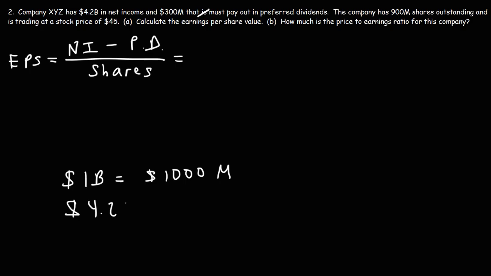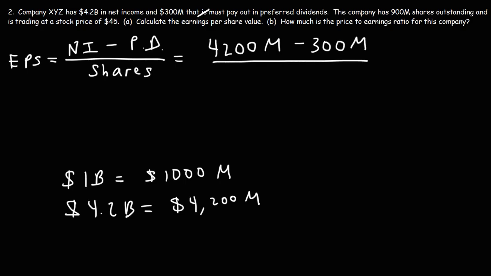So $4.2 billion, to convert that to millions of dollars, you would multiply that by 1,000. So this would be $4,200 million. So the net income, I'm going to replace that with 4,200 M. That's 4,200 million, and the preferred dividends is 300 million, and the number of shares outstanding is 900 million.